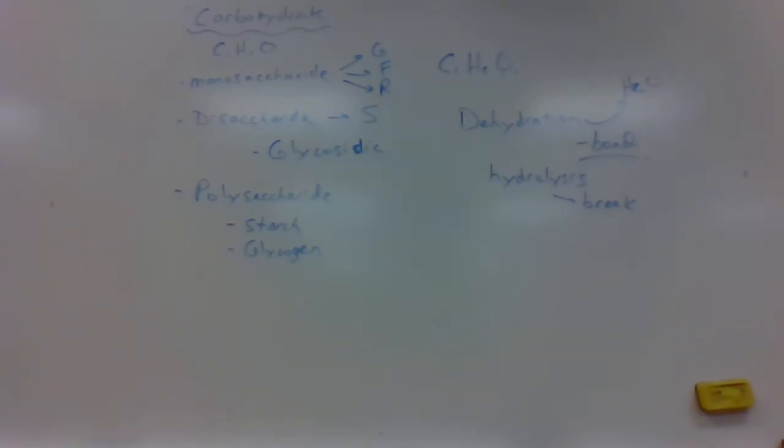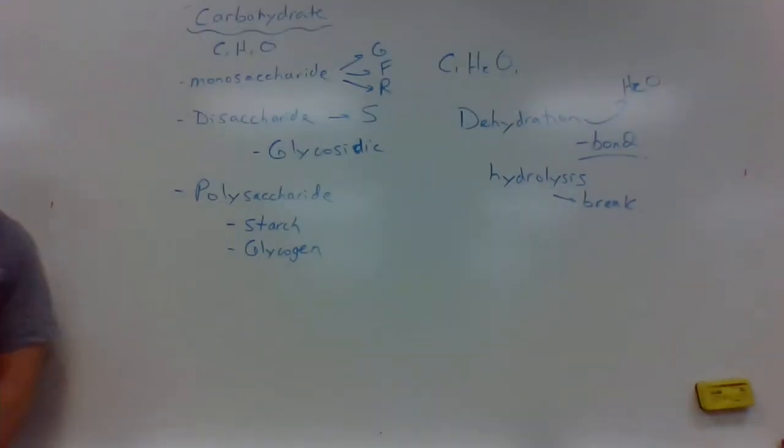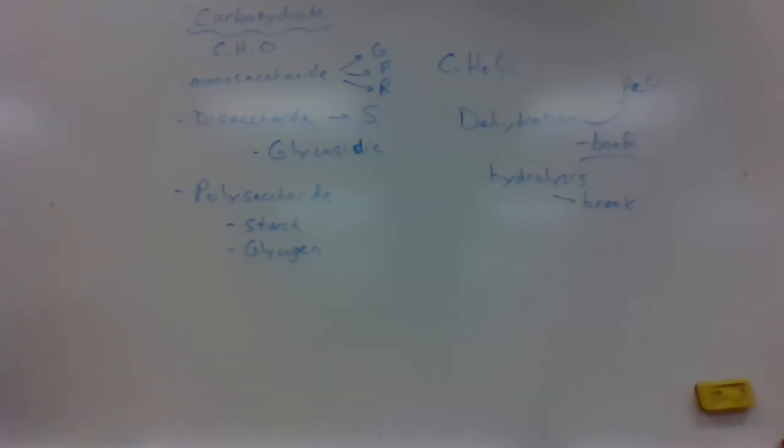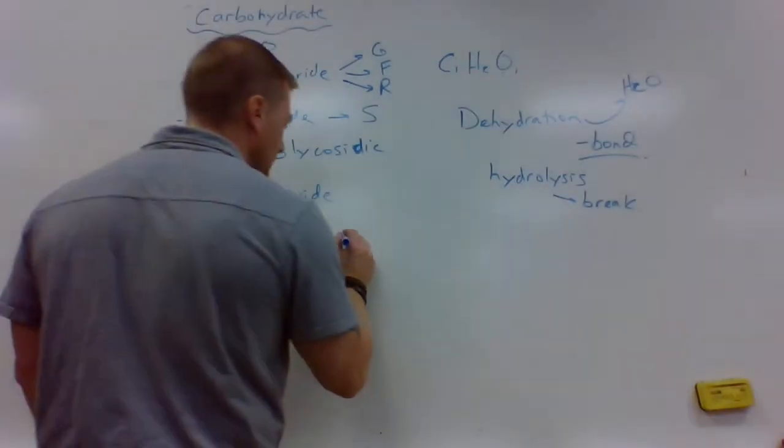Animals store energy as glycogen. They are both polysaccharides. They are both made up of very long chains of glucose. Does anybody remember the name of the type of glycosidic bond that is found actually in both starch and glycogen? Alpha. It's an alpha glycosidic bond.